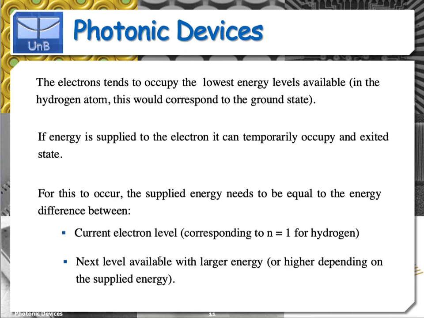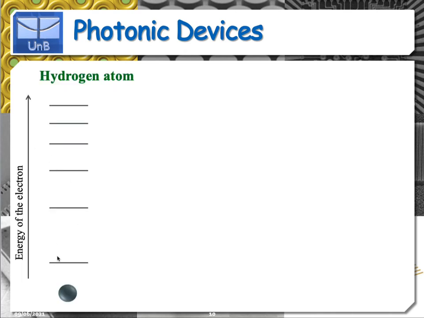So if we look at this, you would need to supply enough energy for the electron to rise up to this energy level. It is only logical that you would need to supply an energy that is of equal or larger amount to the difference between this energy and this lower energy right here.